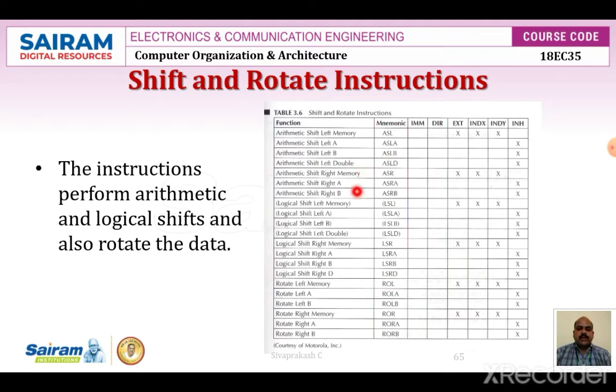From here to here, these are the arithmetic shift operations, then the logical shift operations, and the last ones are called rotate operations: rotate left memory, rotate right memory, rotate left register A, register B, and so on. These are the mnemonics used for the rotate and arithmetic functions.